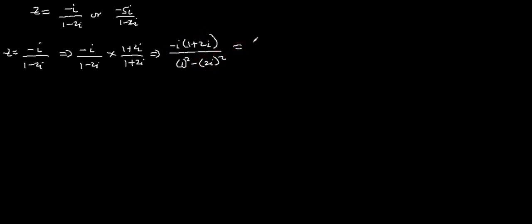So this is going to be minus i plus 2 divided by 1 minus minus 4. So this is minus i plus 2 divided by 1 plus 4, which is 2 minus i divided by 5.